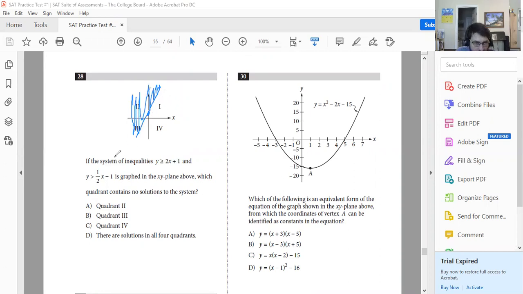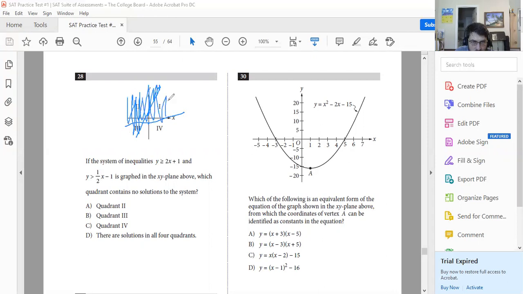And I don't have a second color, but if I did, that would be nice, but we'll just go with it. And the second one is 1/2 x minus 1. And it has a slope of 1/2, so kind of like that. And that should have been dotted because it's just greater than, but it's kind of hard to draw dotted lines, and it's not important in this problem, and it's still greater than.